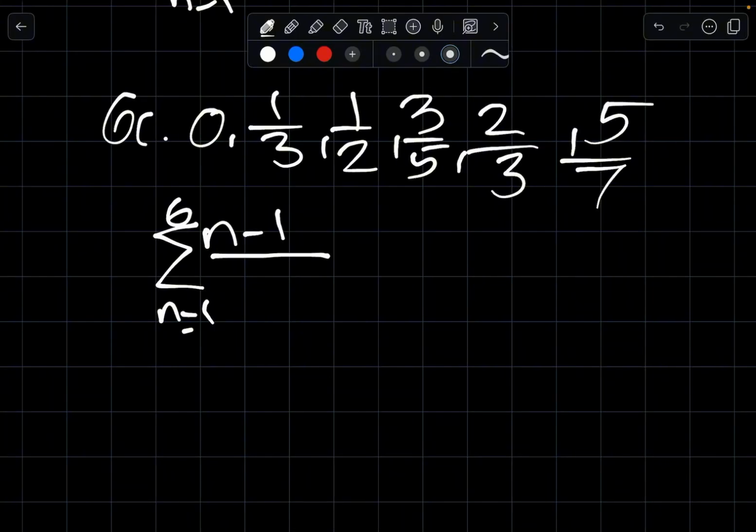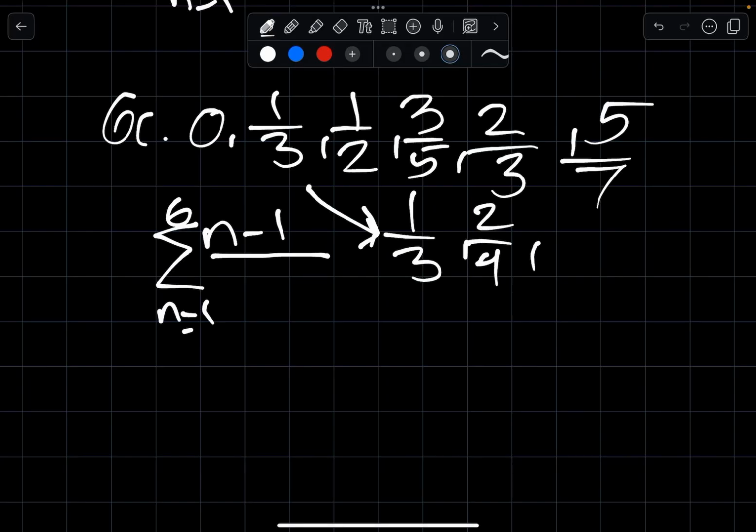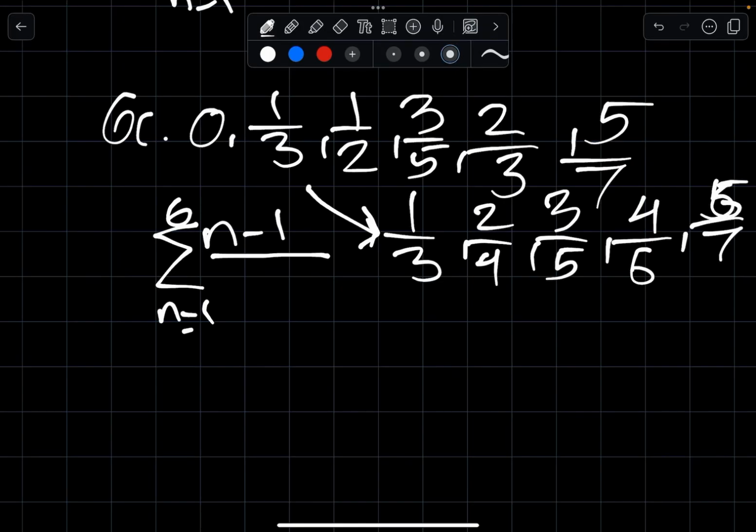At first, when I was looking at this, I didn't really see a pattern. It is a bit confusing, but then I realized you can actually make these fractions into unsimplified terms. So we have 1 over 3 here, and then 1/2 is just 2 over 4. 3/5, 3 over 5, and 2/3, what's that, but 4 over 6, and 5 over 7.